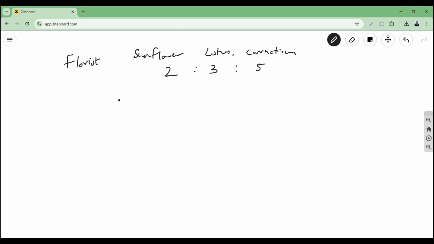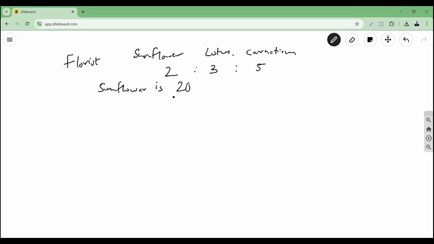And he is able to count only the actual number of sunflowers, which is, say, 20. Let me keep it very simple. Then can you find out how many lotus and carnations there will be?